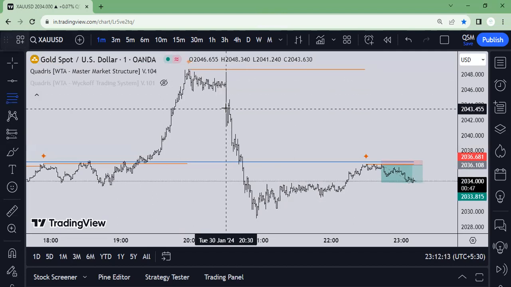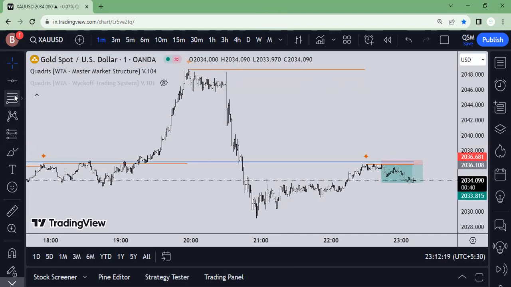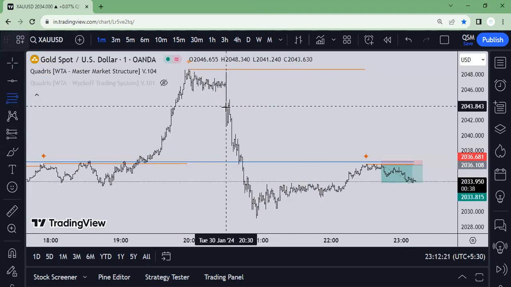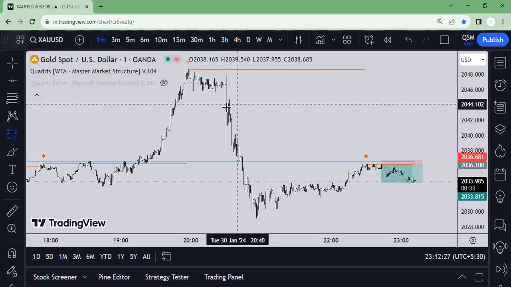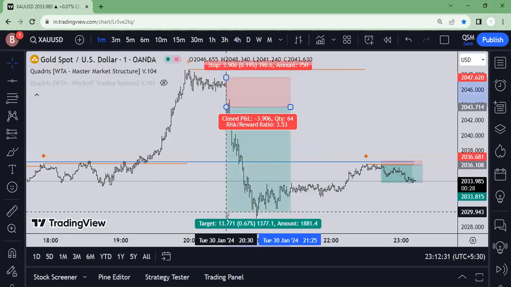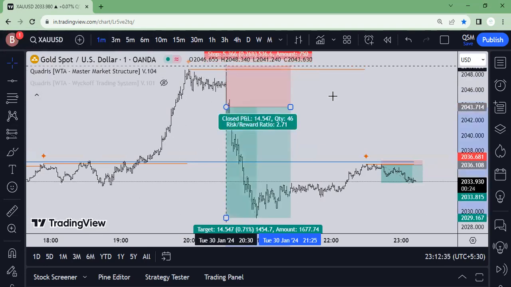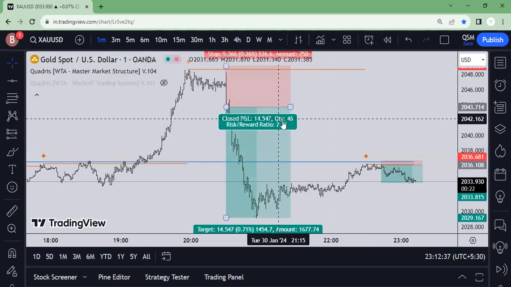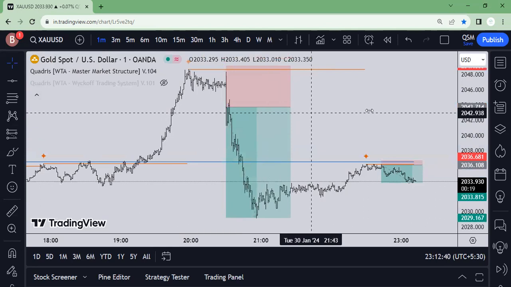So if you compare this one, 2.71, my average is 1:3.